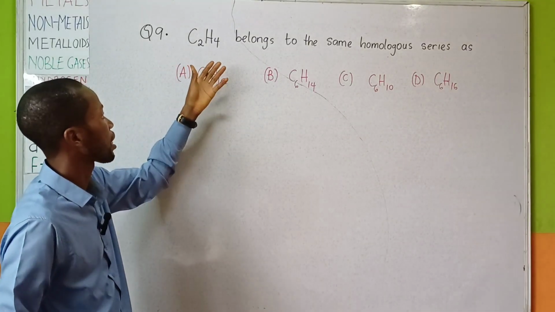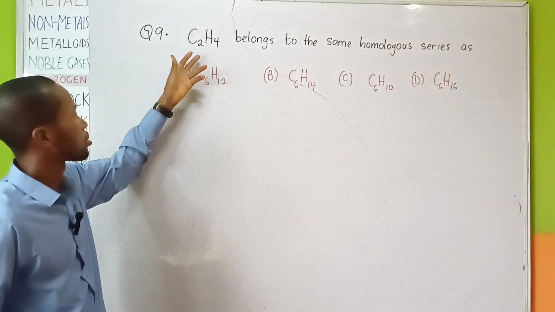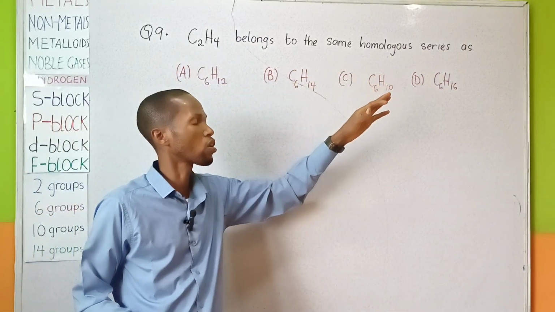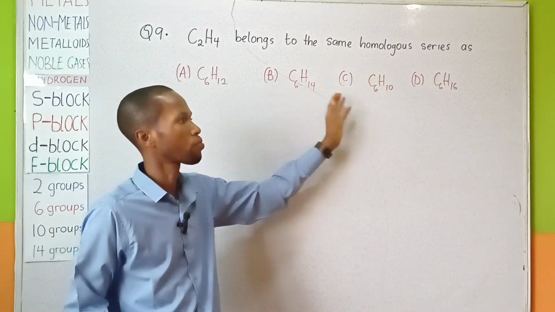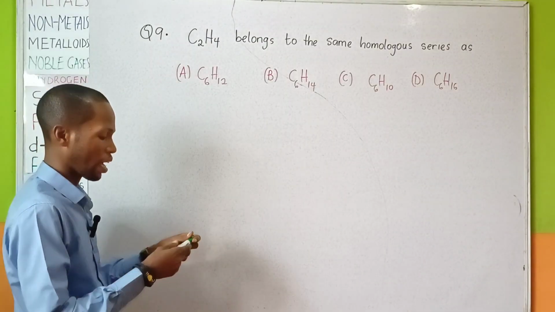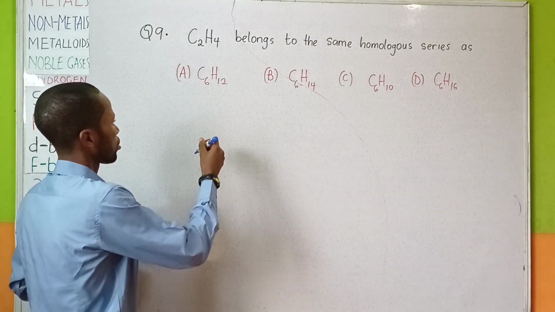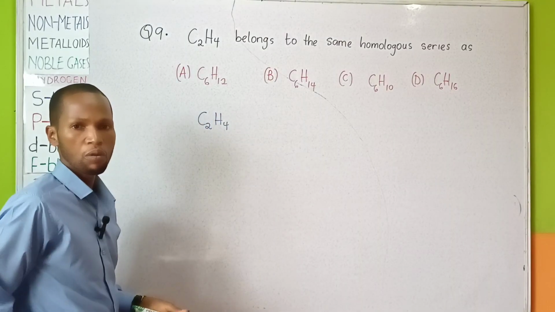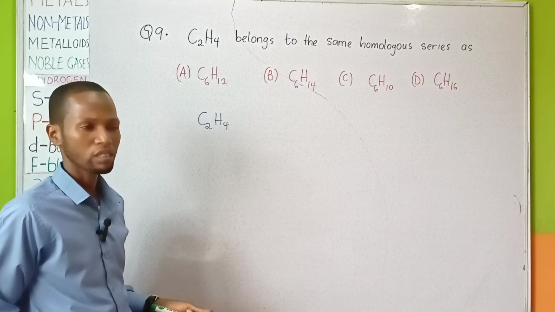From question number 9, we have C2H4 belongs to the same homologous series as which of the compounds in this option? We can deduce which homologous series the compound C2H4 belongs to.